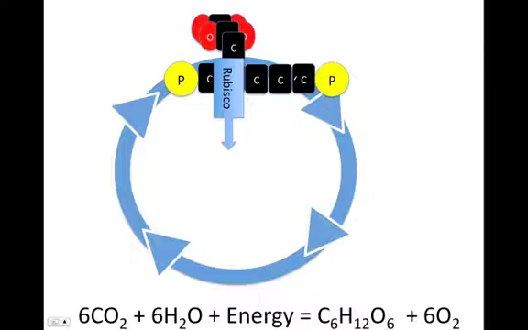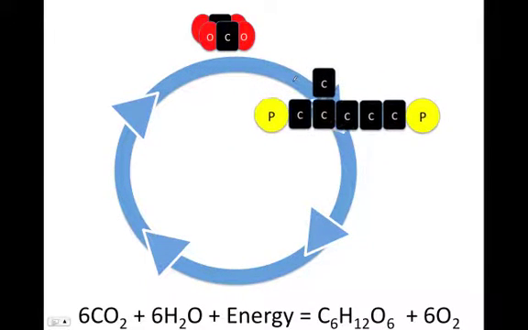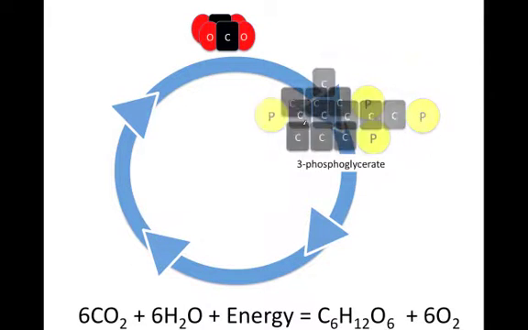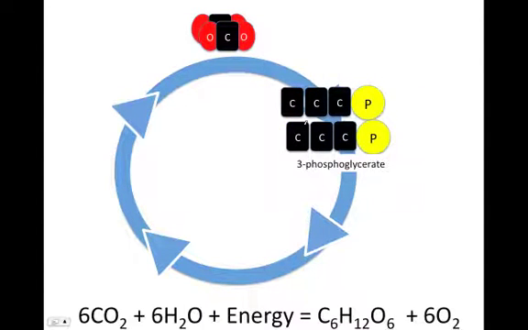Now, we're done with the Rubisco, so it can go away, and we're left with a 6-carbon 2-phosphate molecule shown here. Now, this 6-carbon 2-phosphate molecule is very short-lived. It's just an intermediate state. It's unstable, and it quickly breaks apart into 2 3-carbon 1-phosphate molecules called 3-phosphoglycerate.